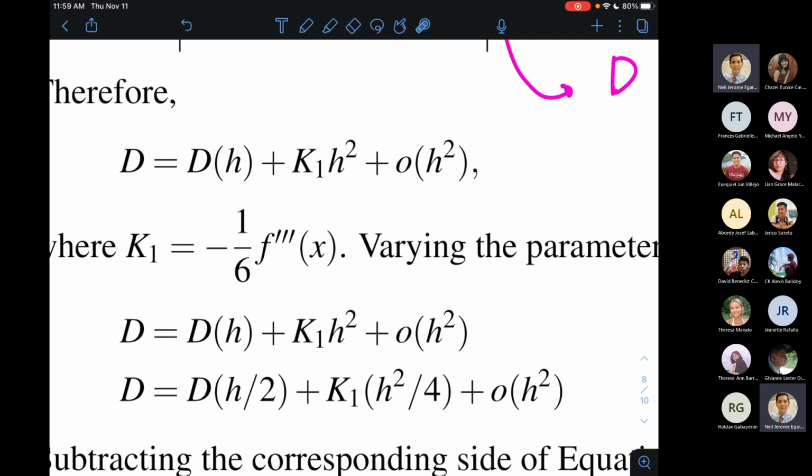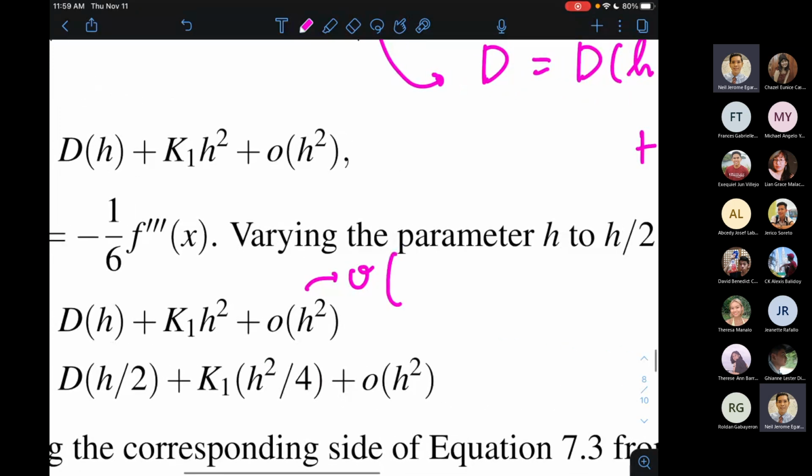Magkakaroon ako ng K1 times h squared over 4. And then here, sa small o, yung h ay papalitan mo rin ng h over 2, so magiging h squared over 4. Pero kung tandaan nyo sa Bachmann-Landau notations, hindi nagma-matter yung scaling constants doon sa big O. So yung big O ni h squared over 4 ay big O pa rin ni h squared. Okay? And that's why it was retained here.